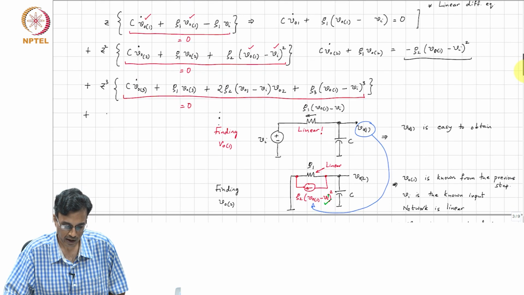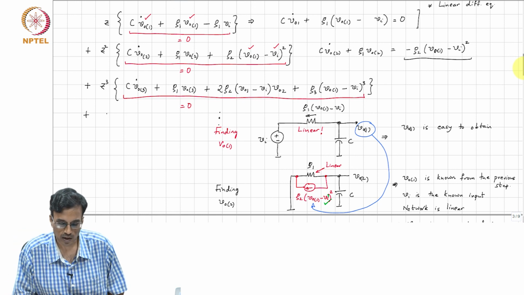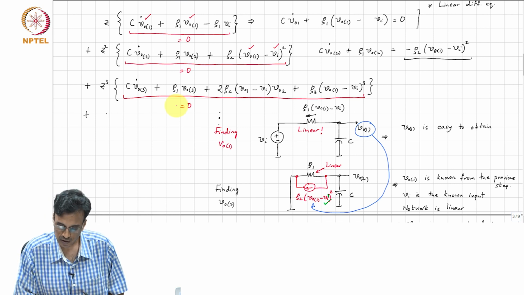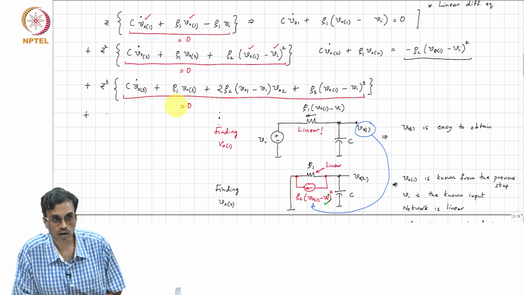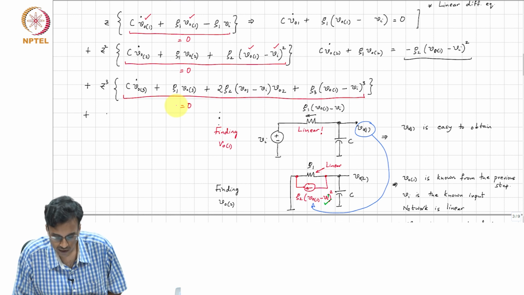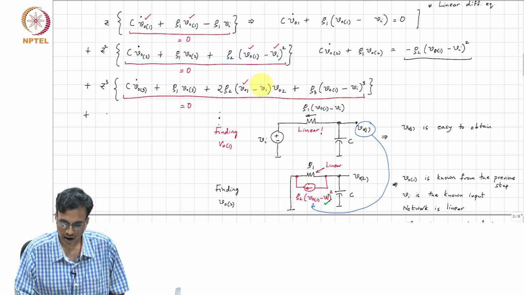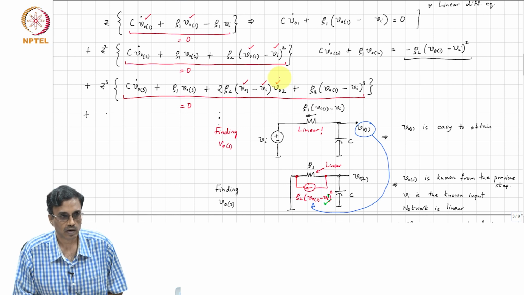So what comment can you make about VO3 now? This differential equation must be 0. Is this a linear or a nonlinear differential equation? Linear differential. It's again a linear differential equation. What is the unknown? VO3 is the unknown, and VO1 is known from step 1, Vi of course is known, VO2 is known from step 2.